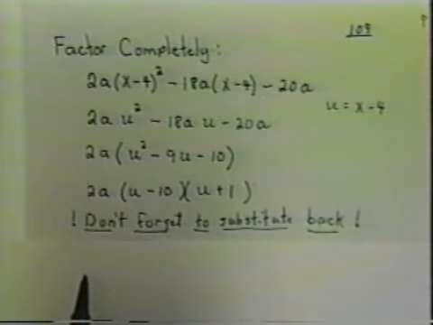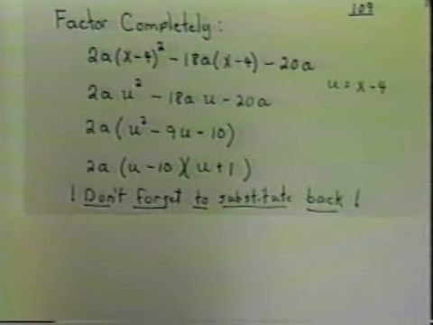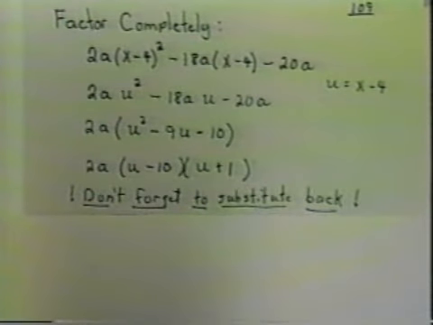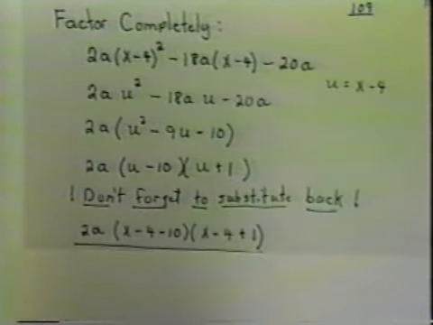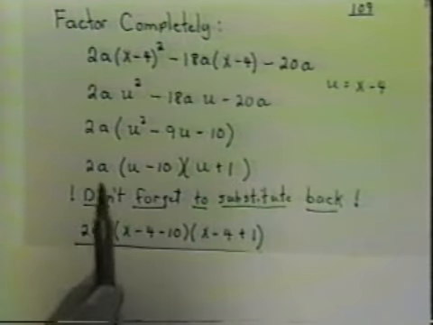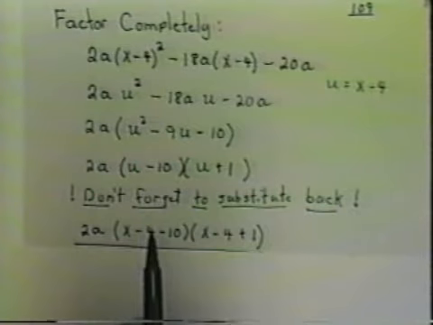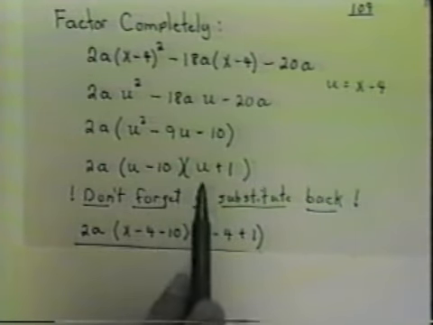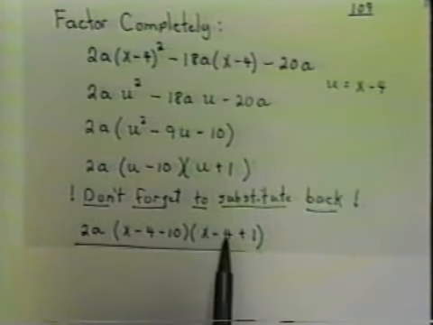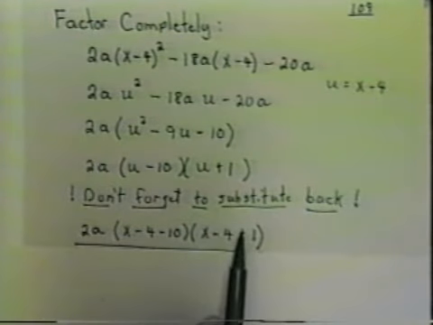But don't forget to substitute back. The answer involved the x minus 4. So I have to write the problem as the 2a. In place of u, I write x minus 4, then minus the 10. In place of the u, I write x minus 4, and then I have the plus 1.